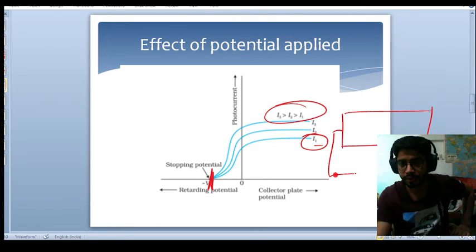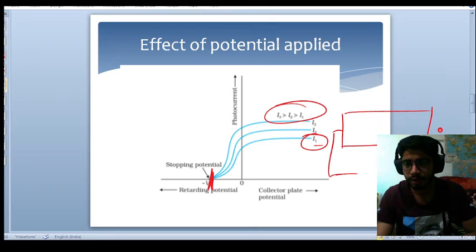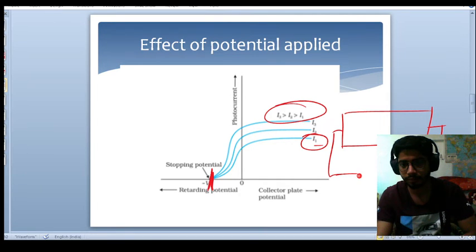Let us consider that we are providing the retarding potential, and the incident beam falls on the metallic surface.